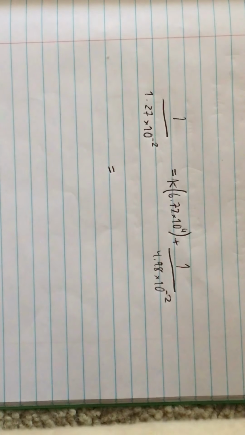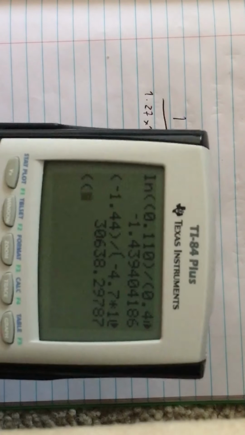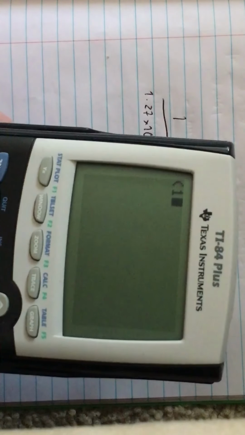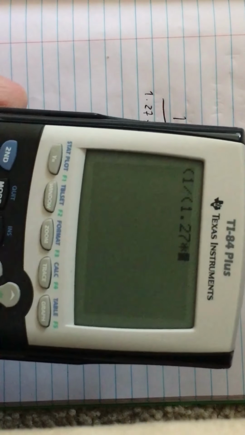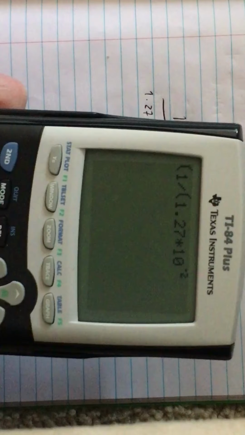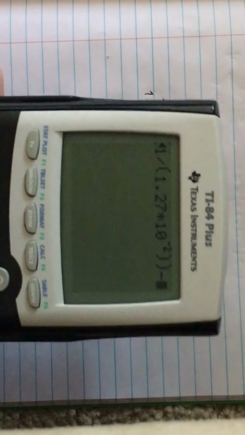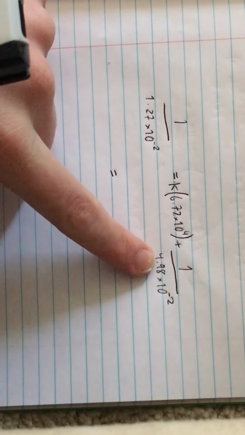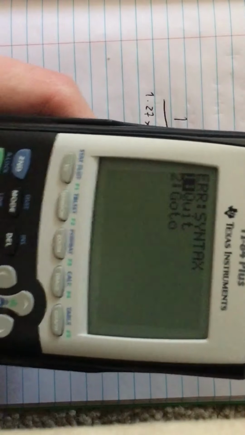On the calculator, I clear all that and type 1 divided by 1.27 times 10 to the negative 2, which is the left side, minus 1 divided by the right side, which is 4.98 times 10 to the negative 2.